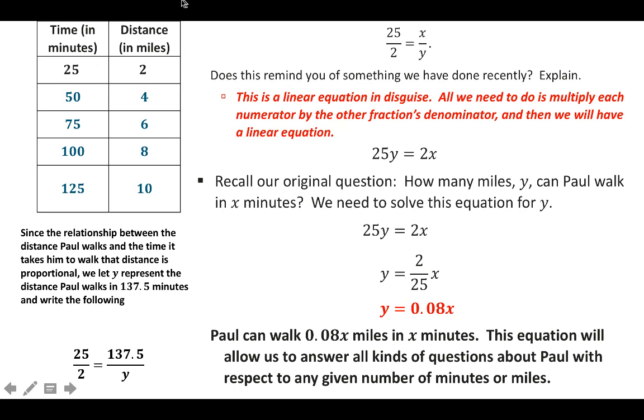The more the time, the more distance is covered. And this is the relationship. So 0.08 is the proportional relationship: y is 0.08 times x, which is given here.